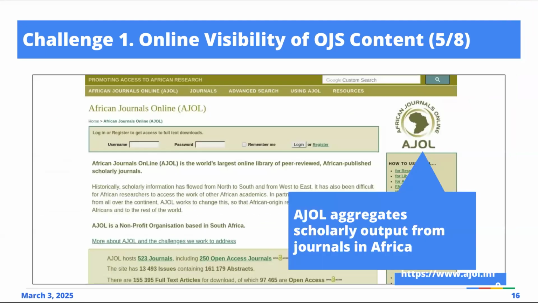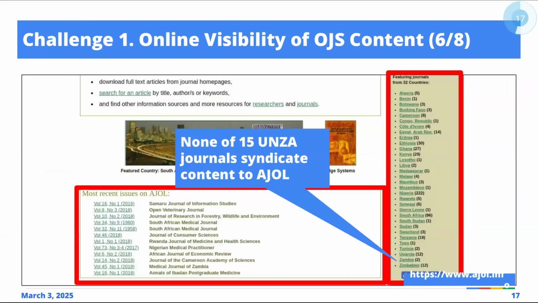So maybe they'll find themselves on the African Journals Online platform and try and see if they can find journals that are associated with Zambia. However, in our case, none of the 15 journals at the UNZA syndicate content to the African Journals Online platform.